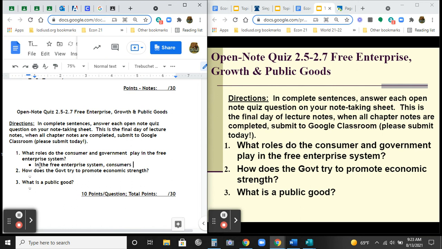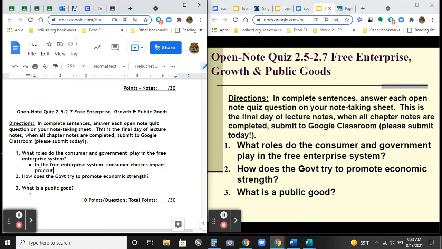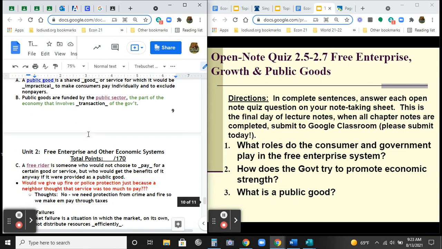Consumers' choices impact production. Well, consumer and government choices impact production. Because, say, the Pentagon chooses to buy one cell phone over another, that can impact a company.